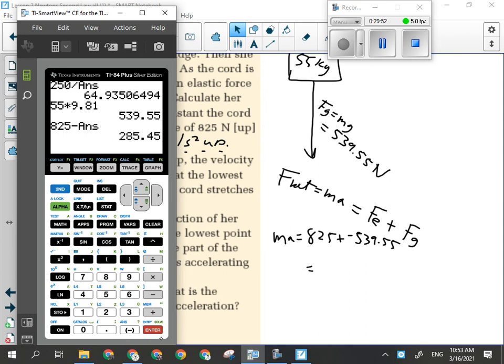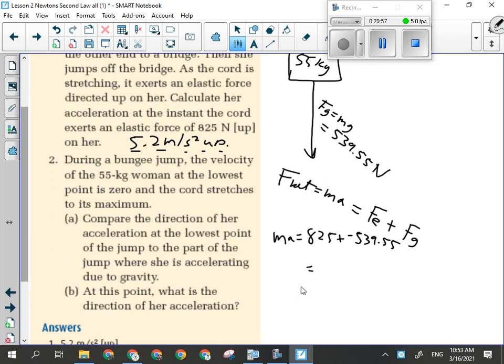So our net force is 285.45 newtons up. That equals m times a. So how do I get a? Right, the net force, 285, divided by the mass. So I divide both sides by m, 55, and I'm going to get her acceleration.